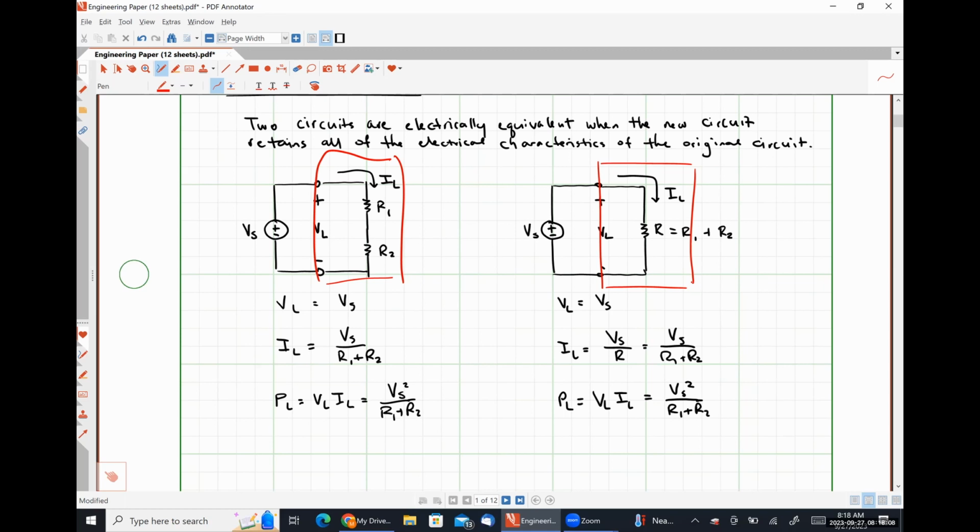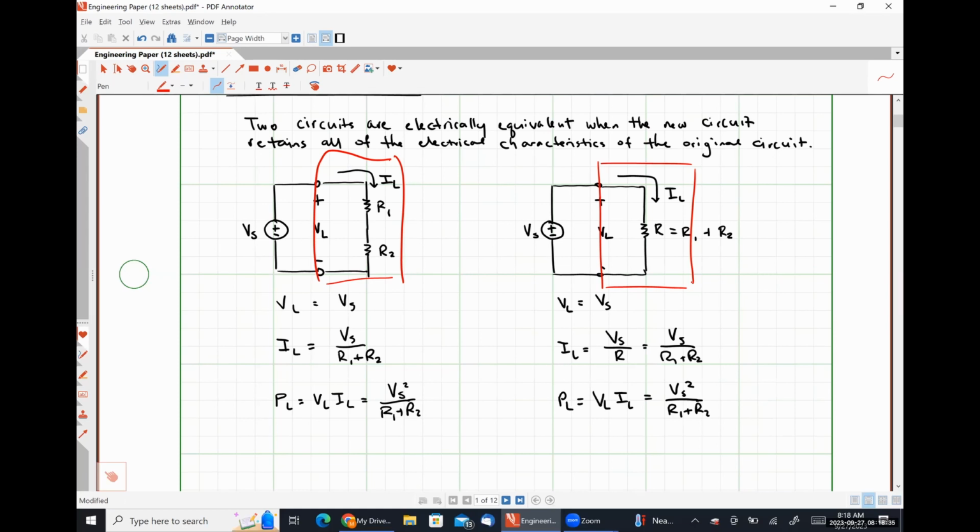We could also do it for sources, right? When we learned about combining voltage sources in series and combining current sources in parallel, we were doing the exact same thing. We were ensuring that we had two electrically equivalent networks before and after the combination of elements, okay? So this isn't new, we're just formally contextualizing things here, okay?